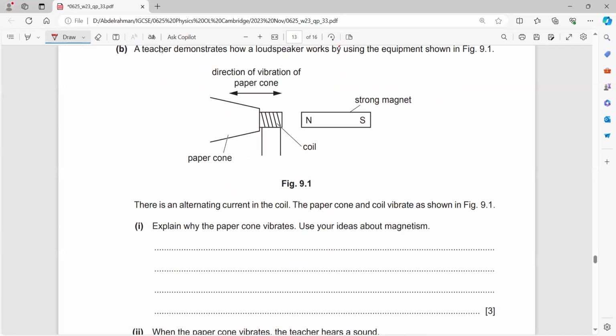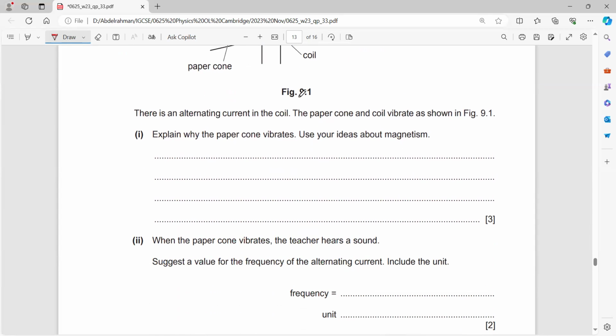The alternating current creates or induces, okay, an alternating magnetic field.